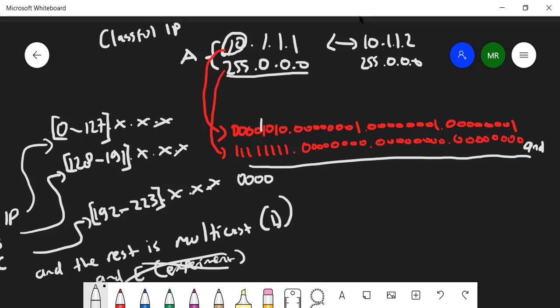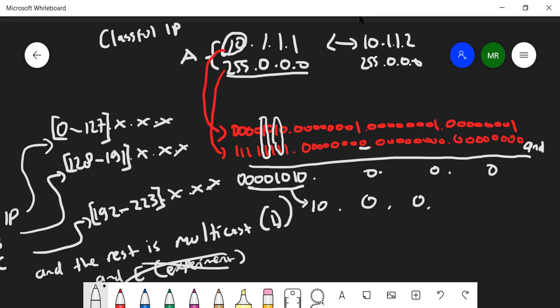Now we have matched our first numbers and then the second numbers and the rest is 0. We have to convert it back into decimal. The 00001010 equals 10 in decimal. No change in number. But the rest of the octets changed because 1 changed to 0.